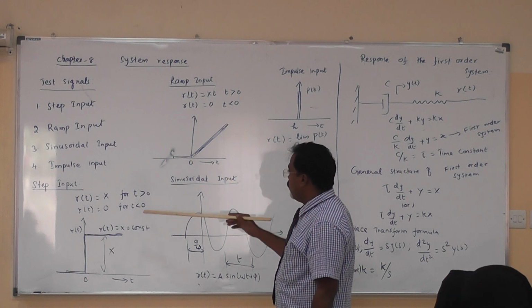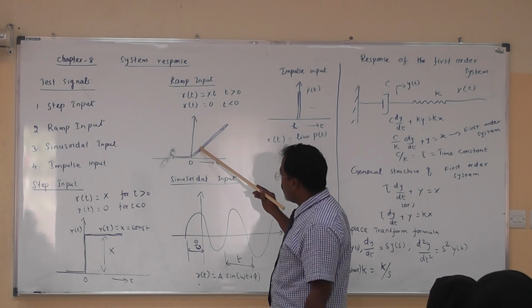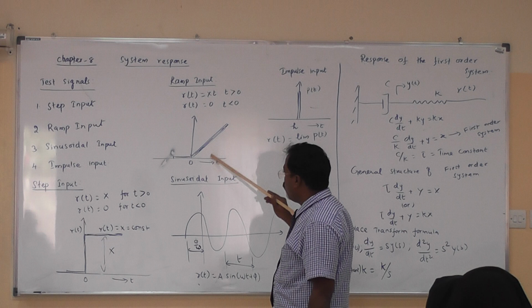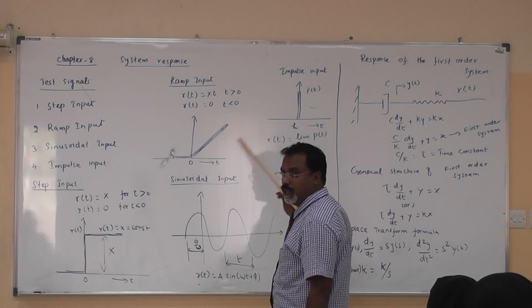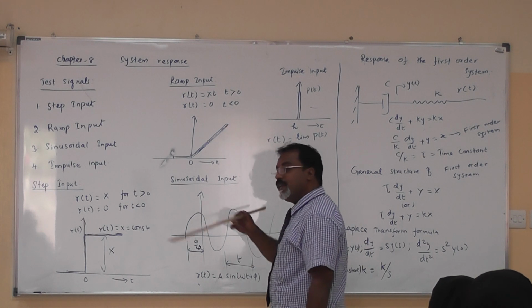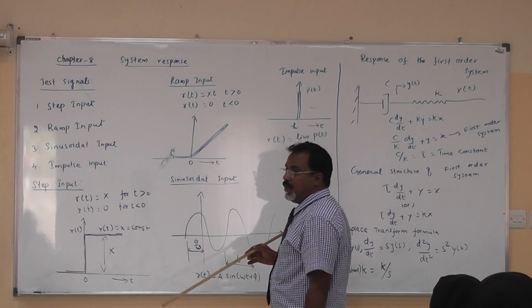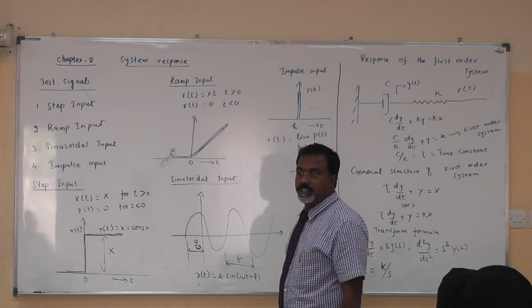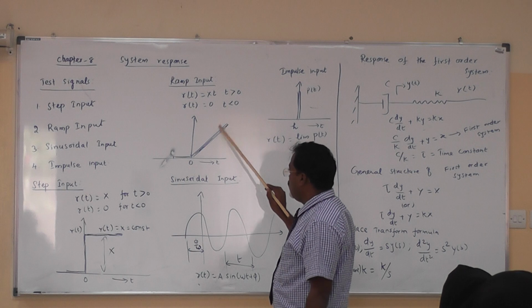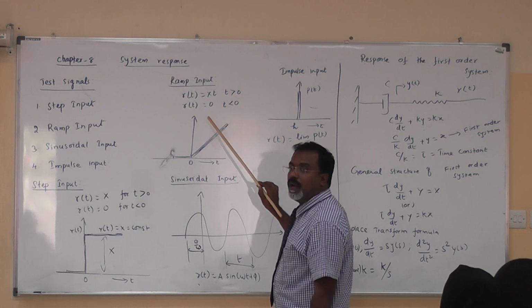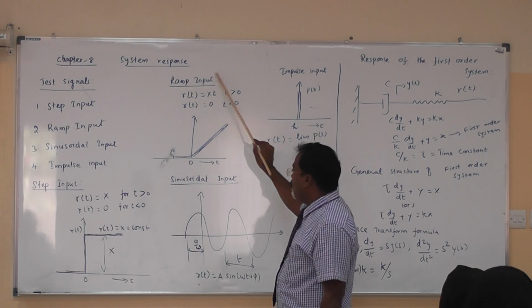In the first second you give 5 volt, then 10 volt, then 15 volt, then 20 volt. Like that you increase based on time and then find the response of the system. These kinds of inputs are called ramp input.